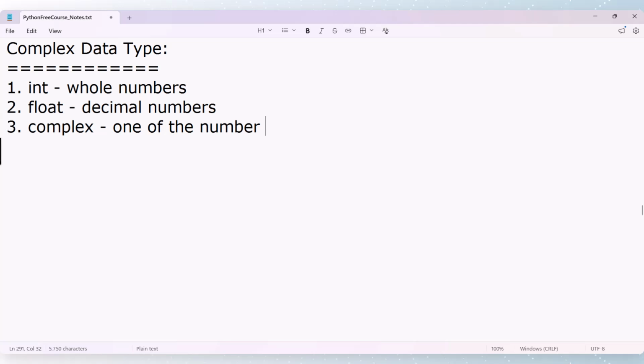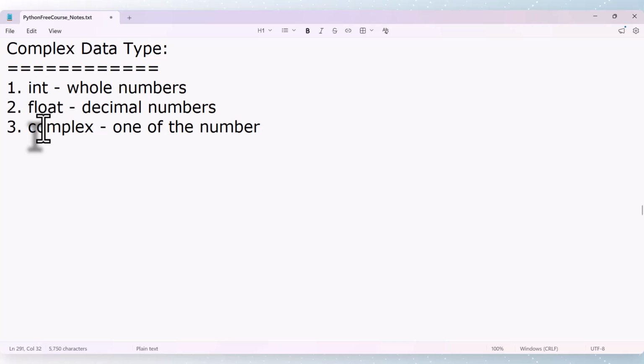Although you may not use complex numbers much in everyday applications like shopping applications or banking software, they are commonly used in science, engineering, robotics, and signal processing applications.